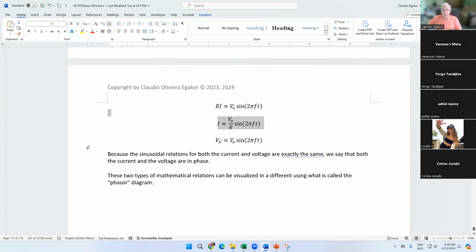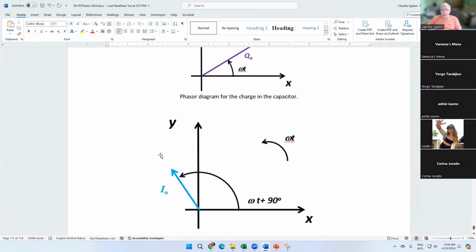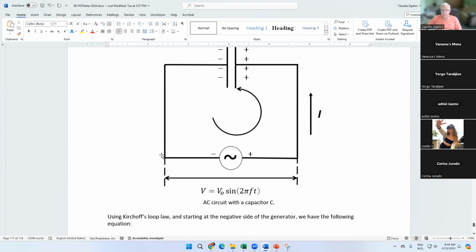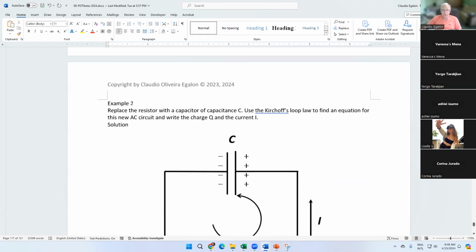Copy and paste it, right? There you go. That's example 3, right? Replace the capacitor with an inductor of inductance L.